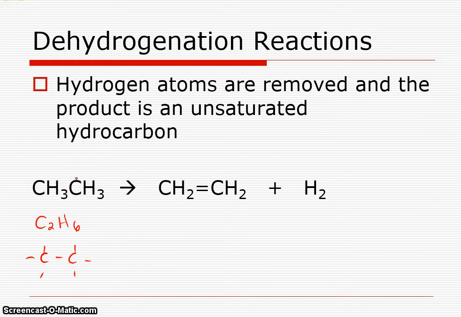Those are all the same thing. And what we're doing is we're taking away 2 of the hydrogens. And by taking away, let's say, this hydrogen and this hydrogen, we're left with C's needing to double bond. But notice that each C always has 1, 2, 3, 4 bonds, and then that forms H2.